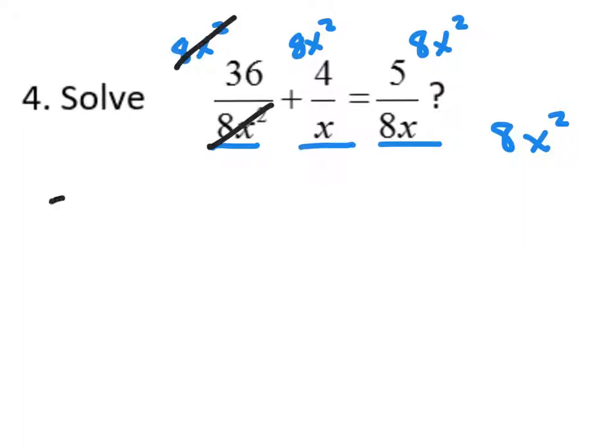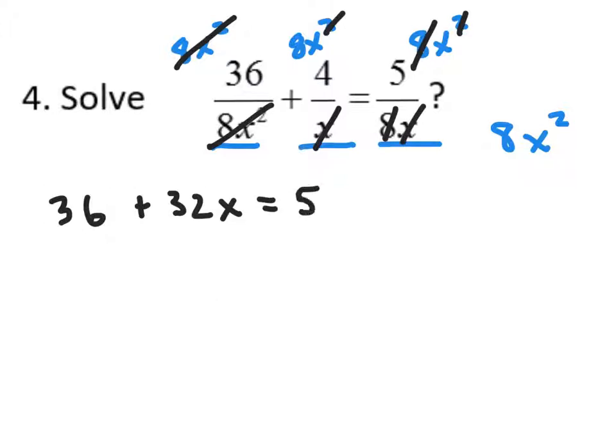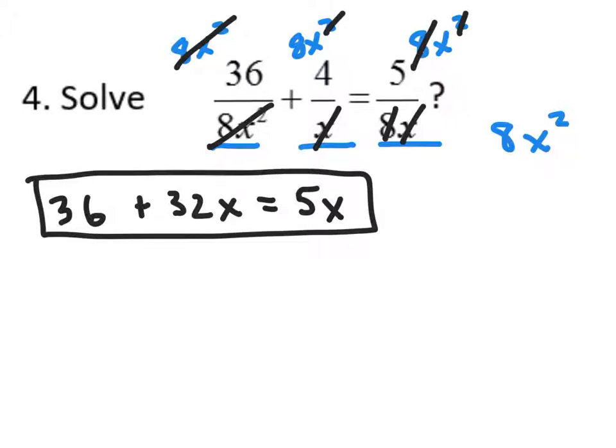Those divide out, leaving us with 36. Now here, the x, the x squared, and the x divide out, leaving us with 8x times 4, which is 32x. And then here, we divide out the 8's, we divide out an x, and what's left is x times 5 for 5x. Now this is actually all you have to solve to get to your answer, which isn't that bad.